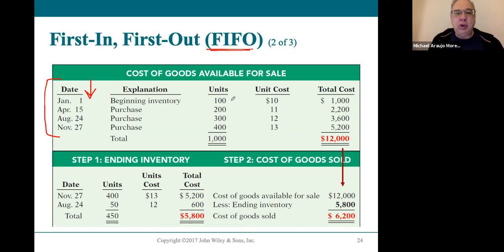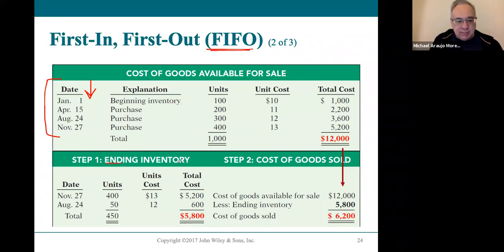So if you sold 550 units, you sold these 100 as part of it, you sold these 200 as part of it, and you sold 250 of those as part of your sales that year. So 100 plus 200 plus 250 is 550. Those are the ones that you sold.